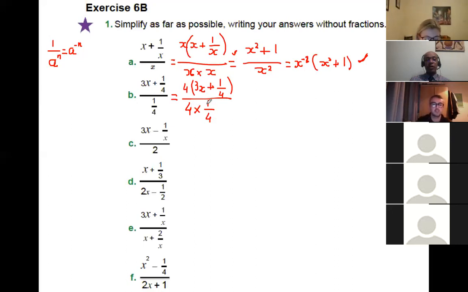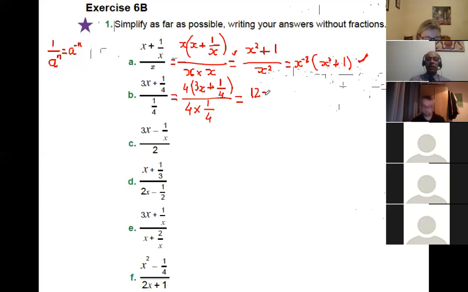So 4 times 1 is 4, then divide 4 by 4, because you've got 4 over 4, it becomes 1. Whereas at the top, I've got 4 times 3x, that's 12x.